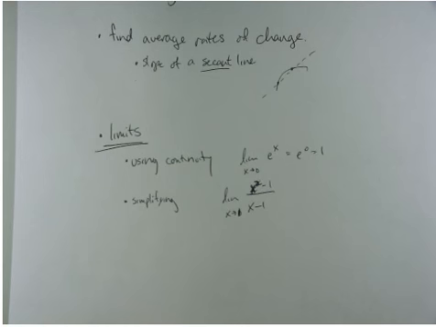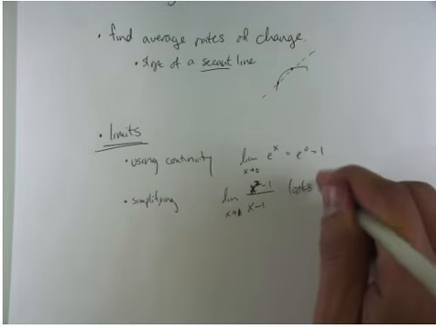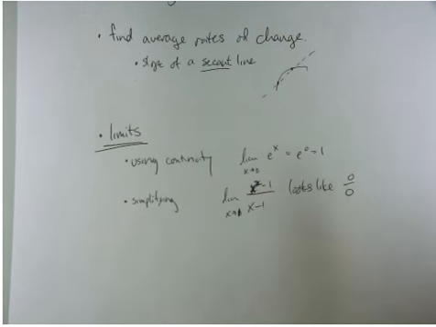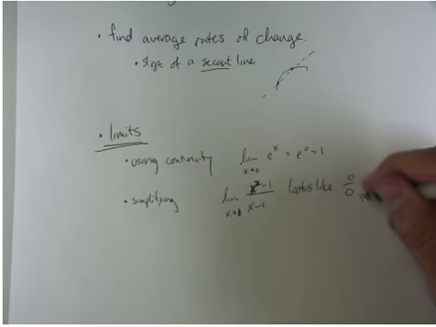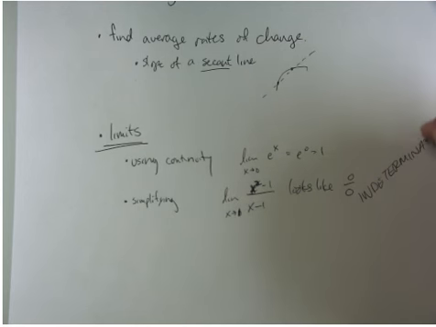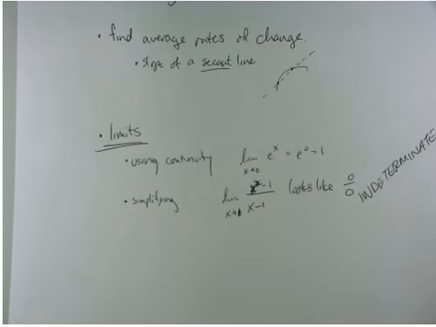Now if I just try to plug and chug, right? X squared minus 1 is a continuous function. X minus 1 is a continuous function. The quotient of two continuous functions should be continuous as long as the bottom's not 0. But then when I plug 1 in, it looks like 0 over 0, and that's indeterminate, a very long word that just barely fits on the screen here.